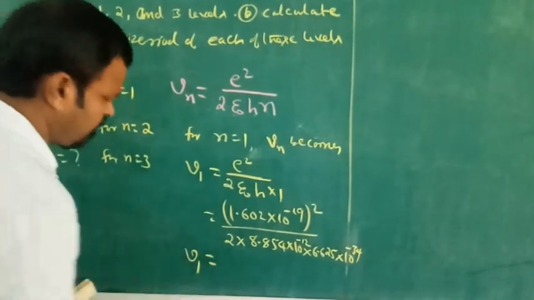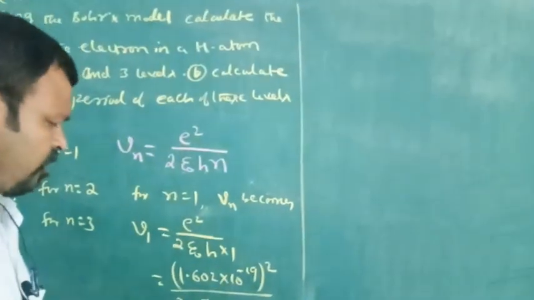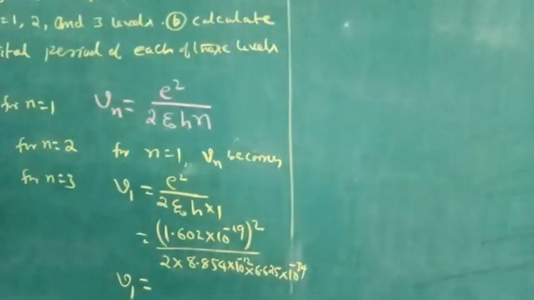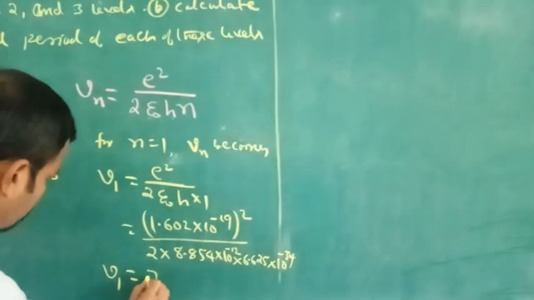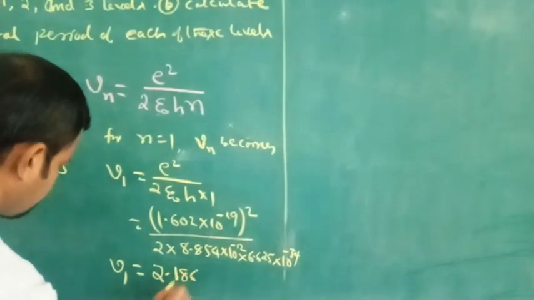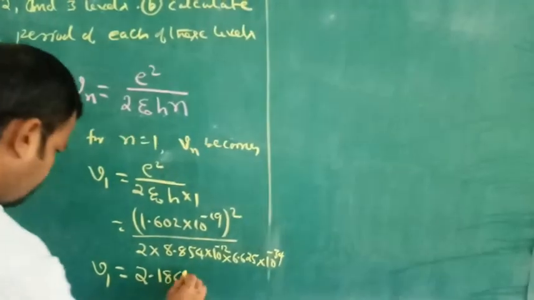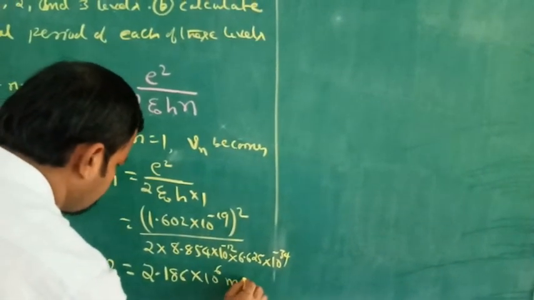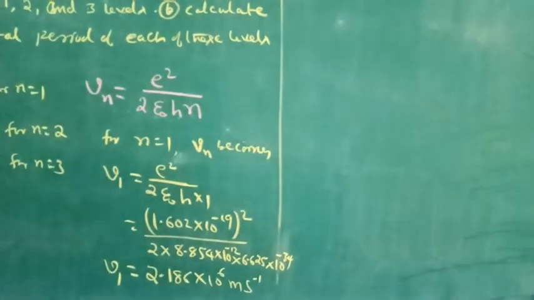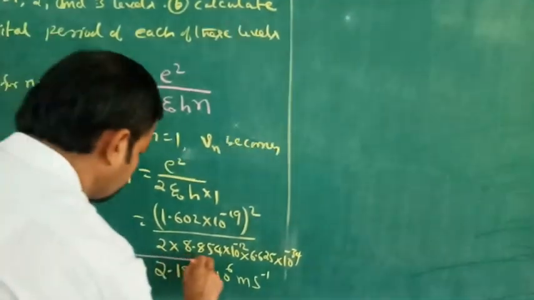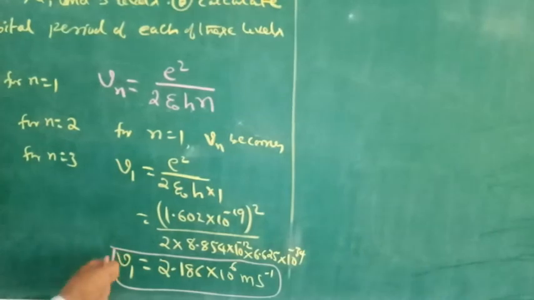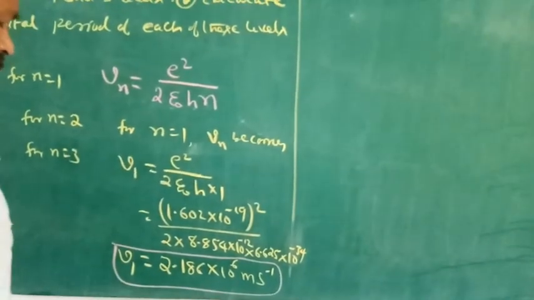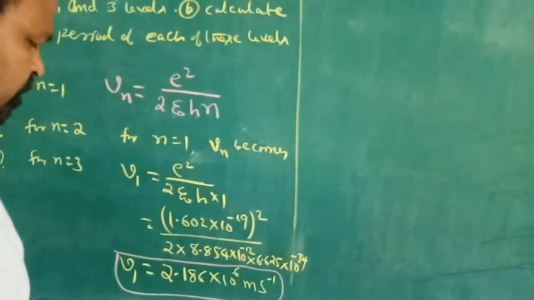Finally, after calculating, we can get the value 2.186 into 10 to the power 6 meter per second. Remember, the value is very high, 2.186 into 10 to the power 6.